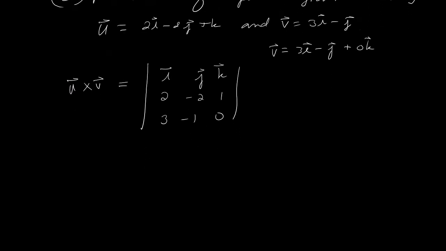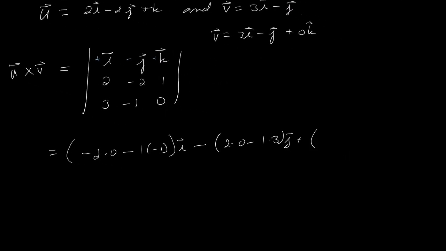Okay, so let's do our cofactor expansion. So this is going to be negative 2 times 0 minus 1 times negative 1, that's the i direction, minus, remember, we've got our signs alternating, positive, negative, positive, 2 times 0 minus 1 times 3, j direction, plus 2 times negative 1 minus negative 2 times 3 in the k direction.